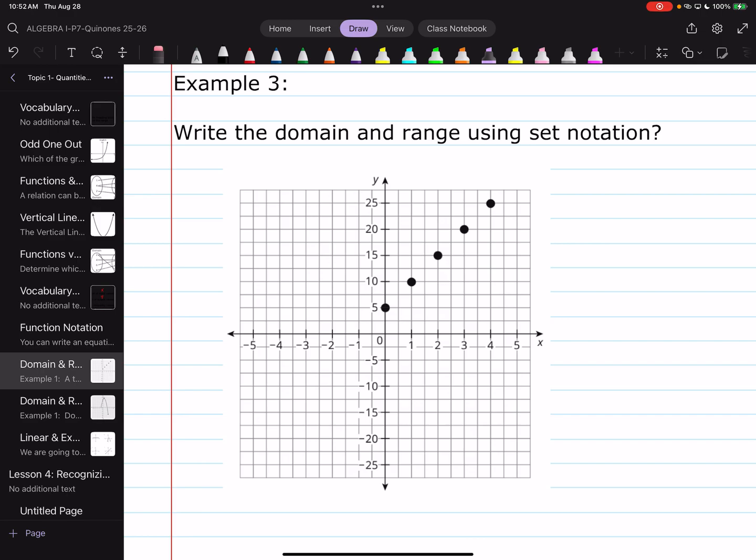Does the point start at 1? All right, everybody.